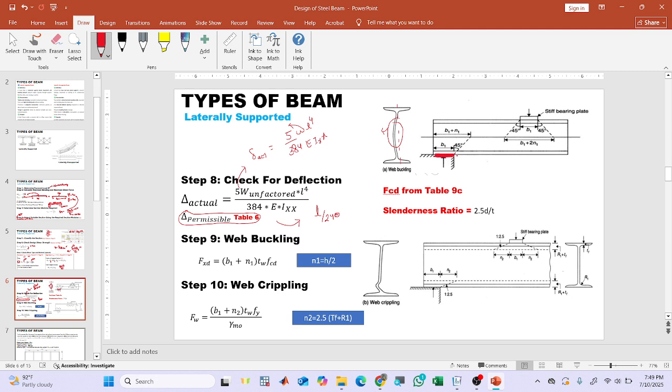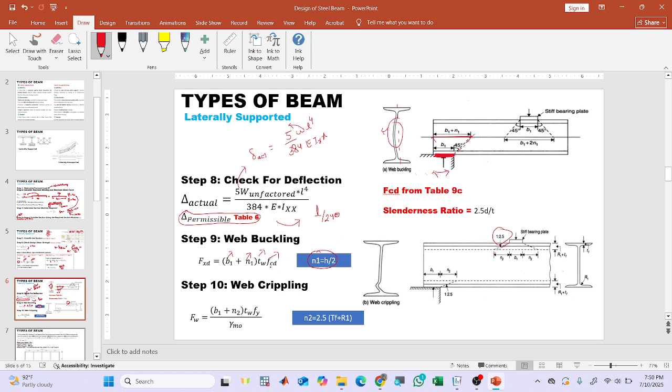For the support condition, we assume buckling occurs at 45 degrees, at a slope of 1 is to 2.5. If this is the bearing width b1, then this value will be b1 plus n1. Now what is n1? n1 is nothing but H by 2. b1 is the bearing, n1 is H by 2, and tw is the thickness of web.